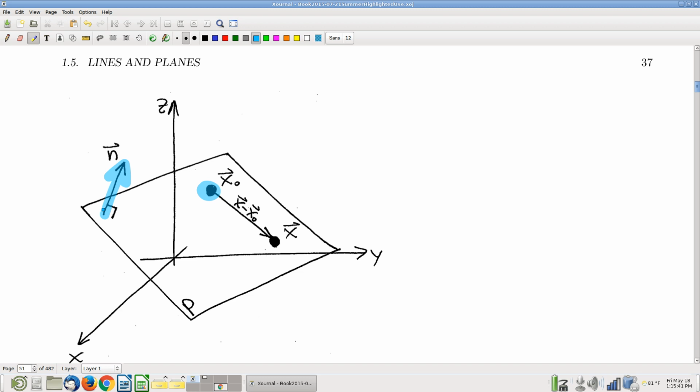I can test any point x as to whether it is or is not on the plane by looking at whether that difference vector is either parallel to the plane or not parallel to the plane. Just like in the line case, right? Which, by the way, means either perpendicular to the normal vector or not perpendicular to the normal vector.